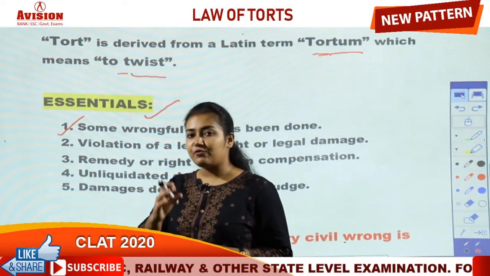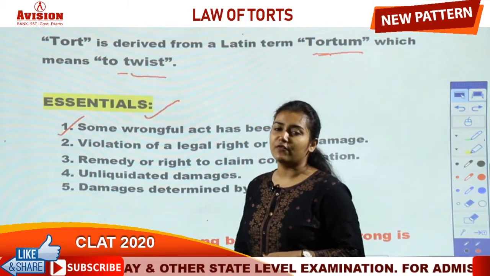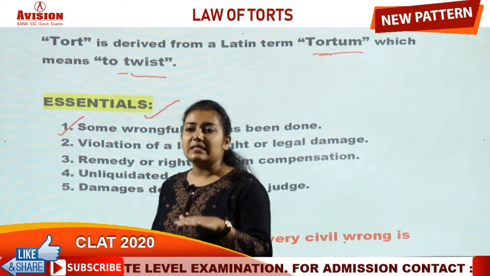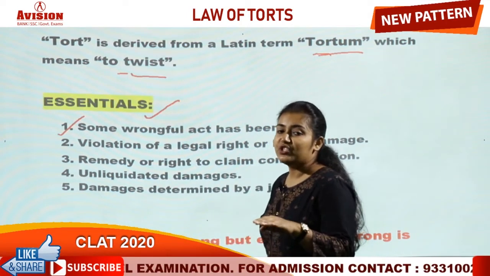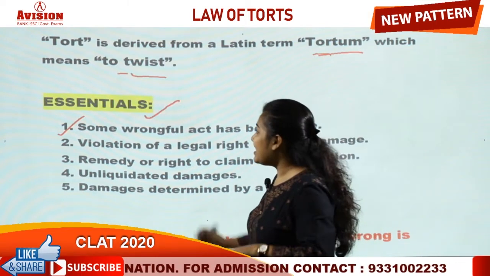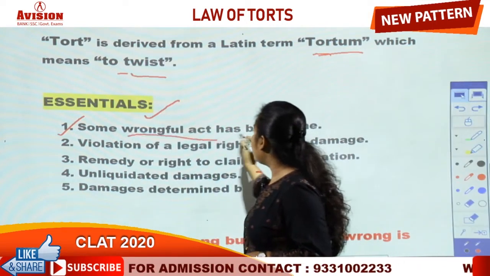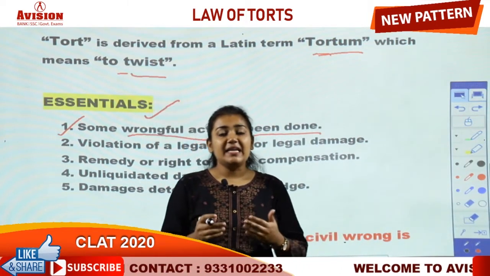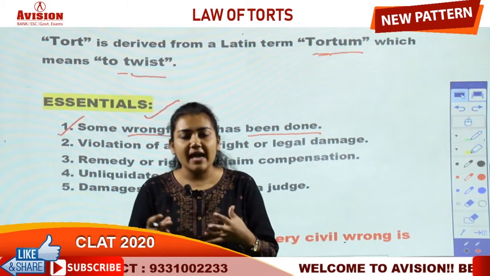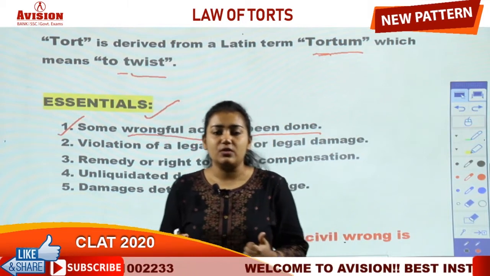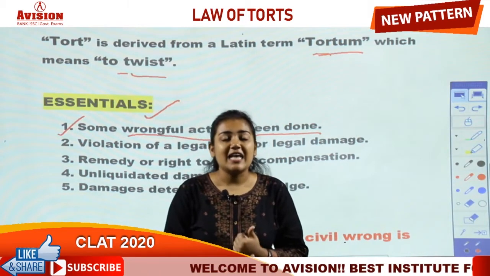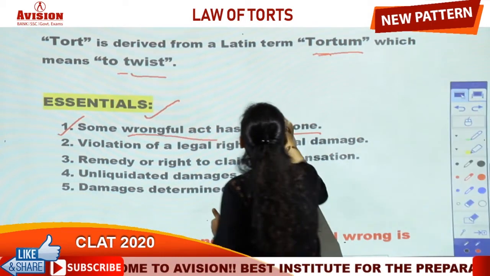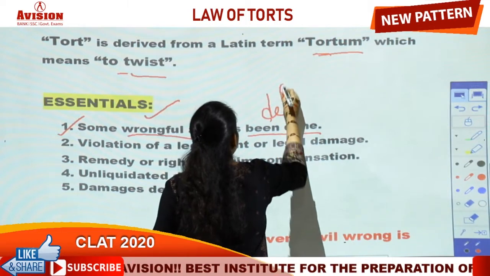You will have to prove that there is some wrongful act which has been committed. Any wrongful action which is not right has been committed by a person, or we can say, has been committed by the defendant.